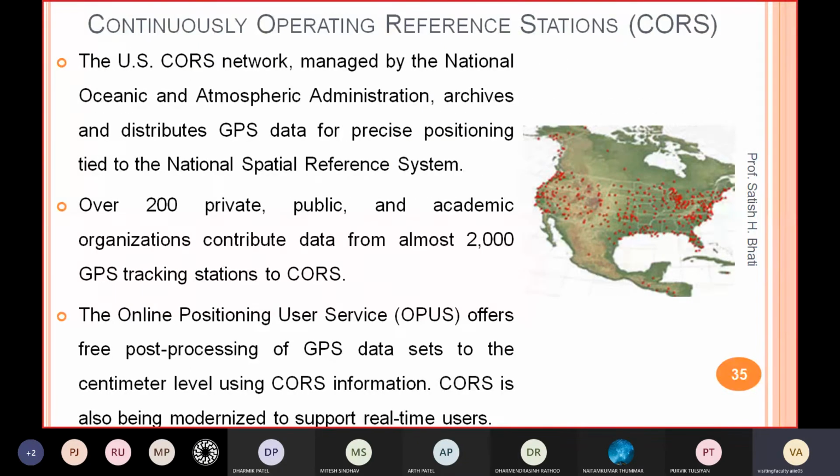Then the core is the Continuously Operating Reference Stations, where organizations contribute data to this system. We can use this as a kind of reference model, so in research also we can use it.